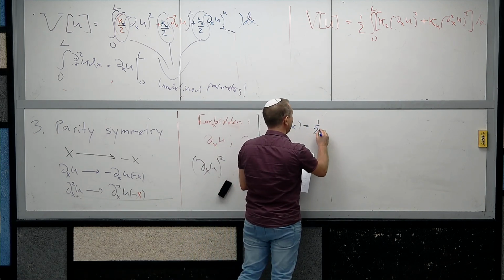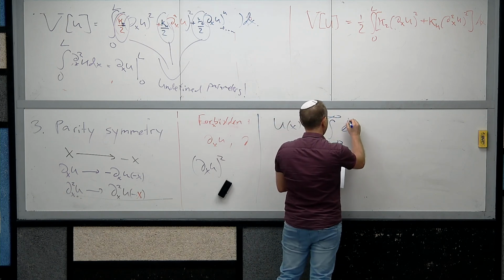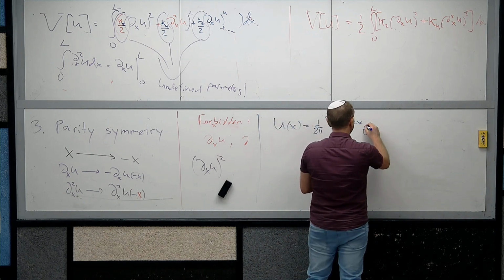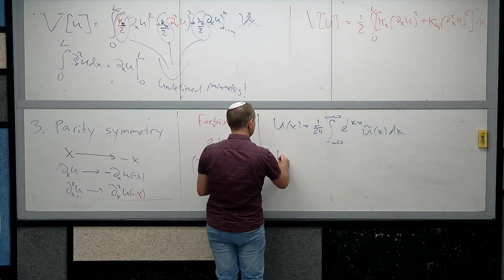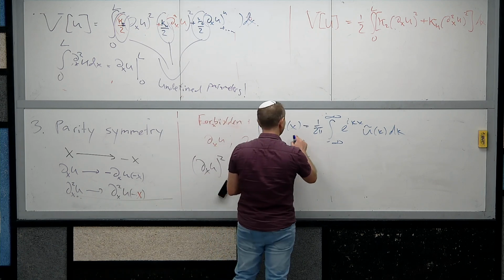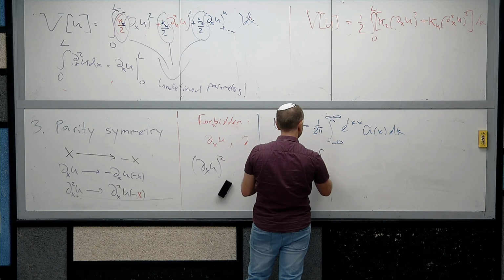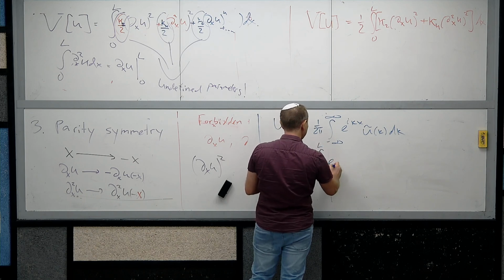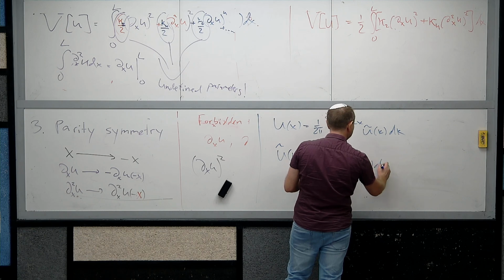So it's 1 over 2 pi, an integral from minus infinity to infinity, e to the i k x, u tilde of k, dk. The inverse transform is going to be u tilde of k. So this is the inverse transform, sorry, the Fourier transform. u tilde of k is an integral from 0 to L, e to the minus i k x, u of x, dx.